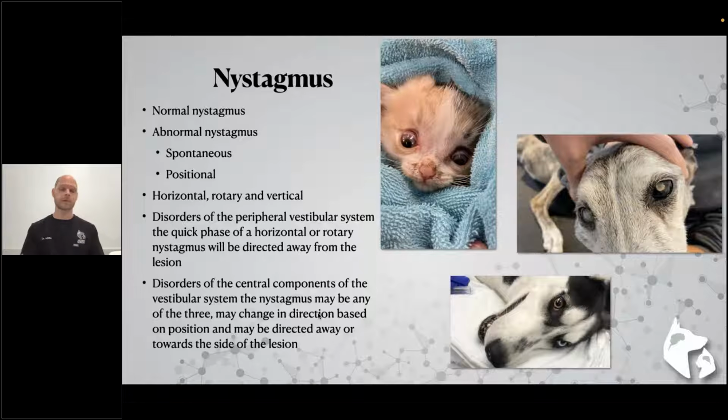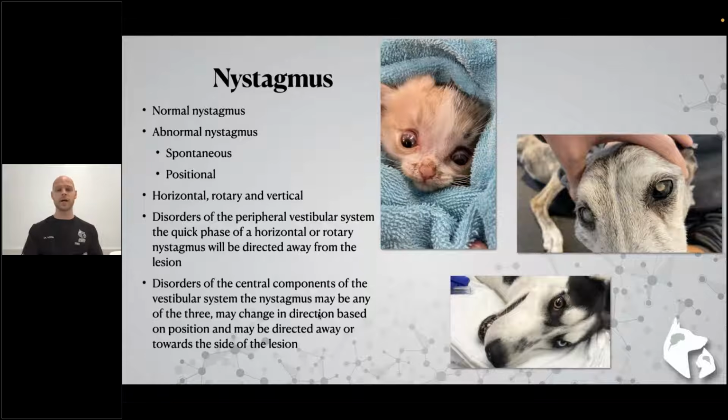An abnormal nystagmus would be either a spontaneous nystagmus or a positional nystagmus. Okay, so to go over the two different types, spontaneous would be the patient that walks in and you can see it. You haven't done anything, but they just have a nystagmus because their balance system is so off.